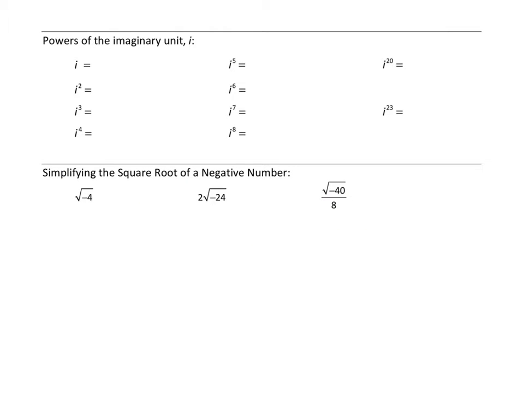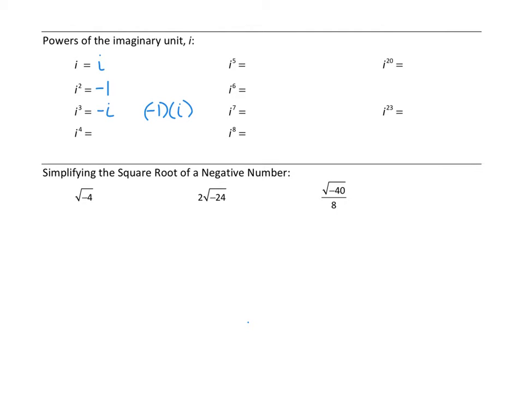There's a pattern when we raise i to various powers, and they repeat every 4 powers. So i to the first power is i. i to the second power, we already said, is -1. For i to the third power, if we took i squared and multiplied by another i, that would be -1 times i, which is -i.